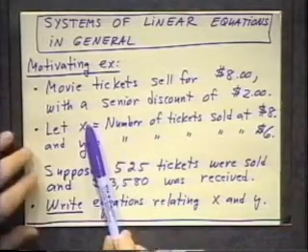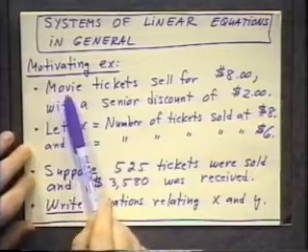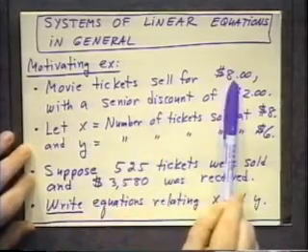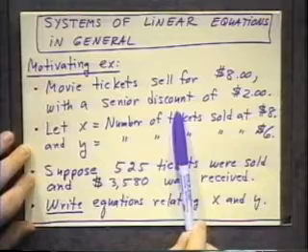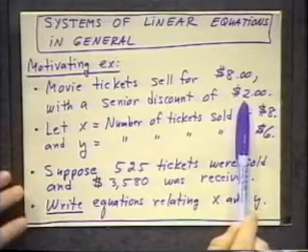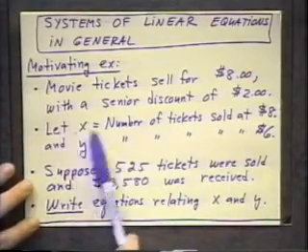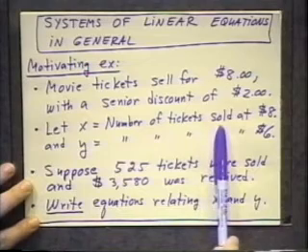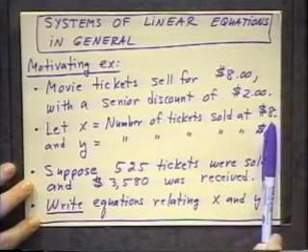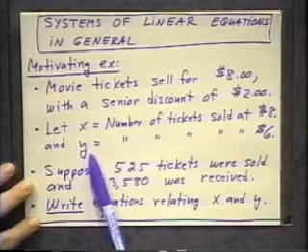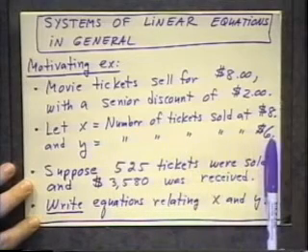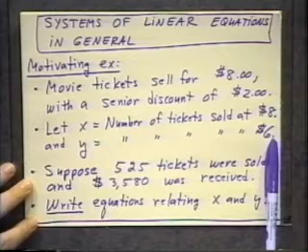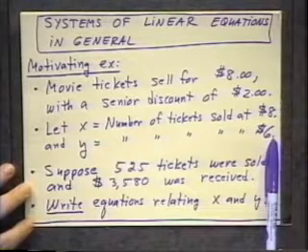And here's the situation. Imagine that movie tickets sell for $8, and there's a senior discount of $2. Let's let X be the number of tickets that are sold in a given evening, say, at the $8 price. And let's let Y be the number of tickets sold at $6, which is the $8 price minus the senior discount.